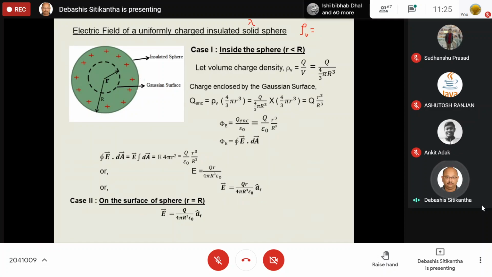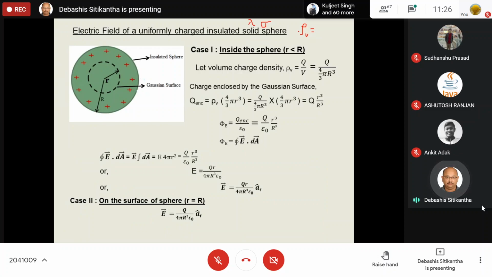Similarly, in case of surface charge, we write sigma, which is the total charge divided by the surface area. Next, we have the volume charge density, indicated by rho V.